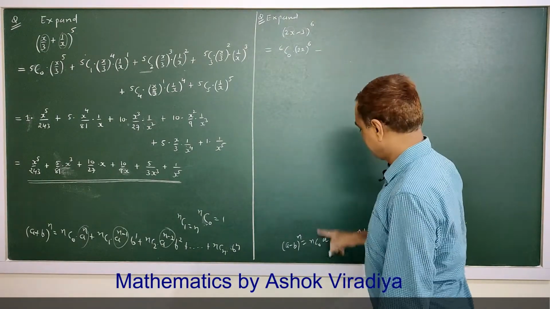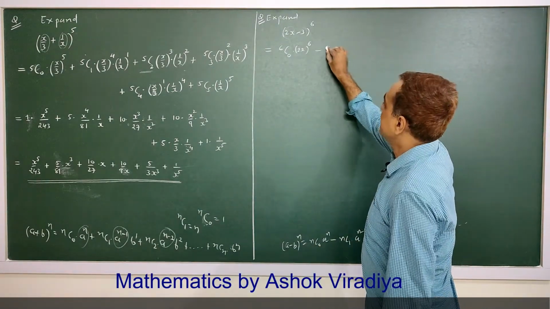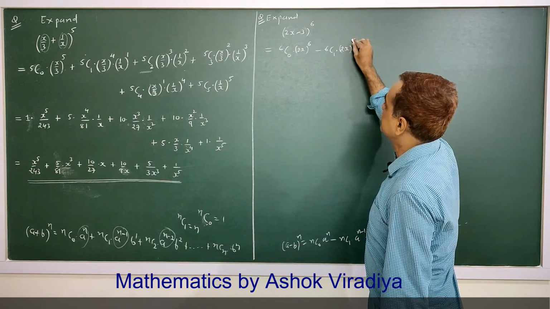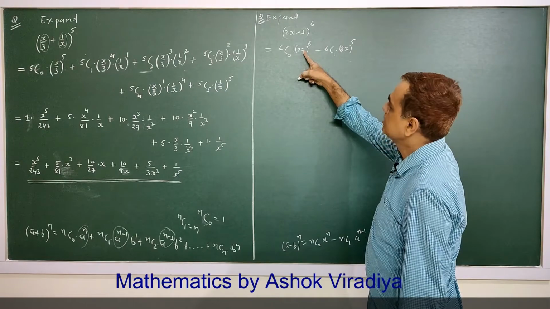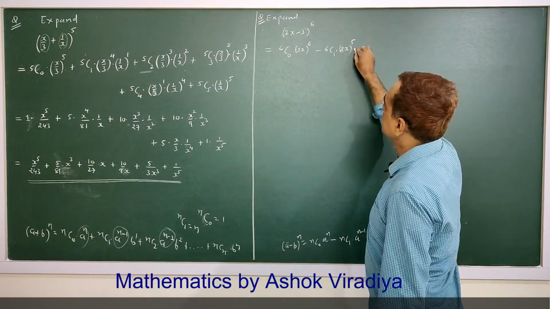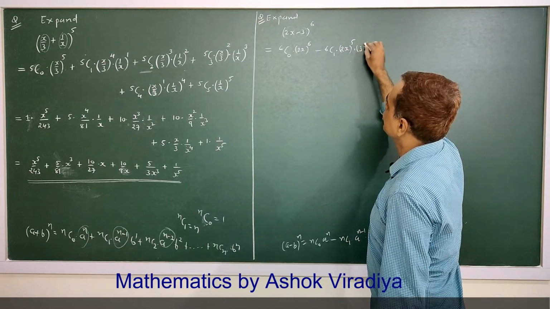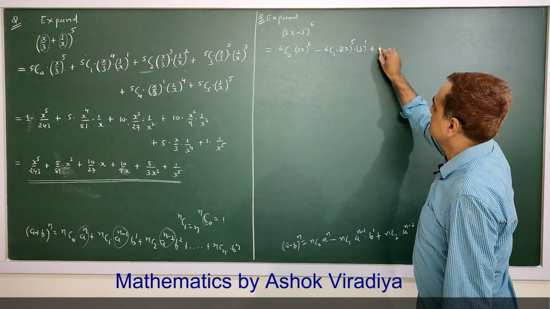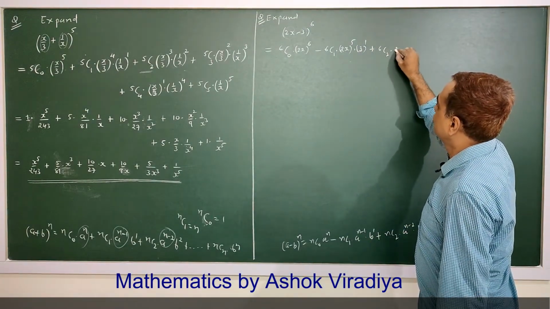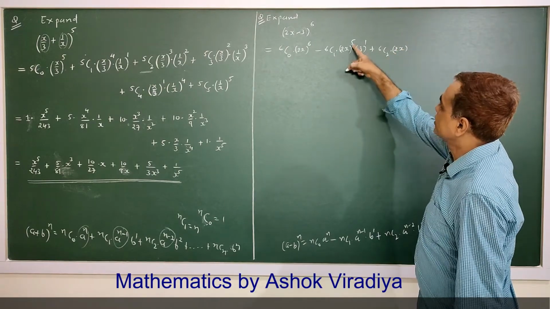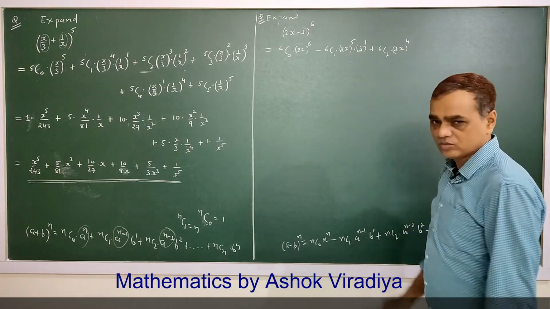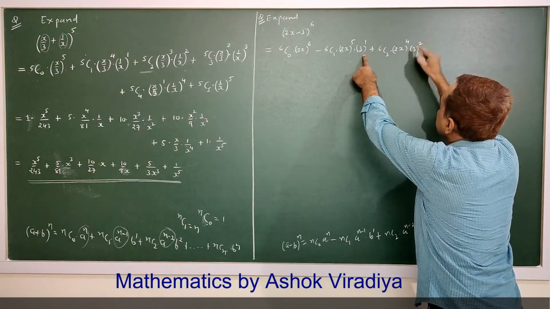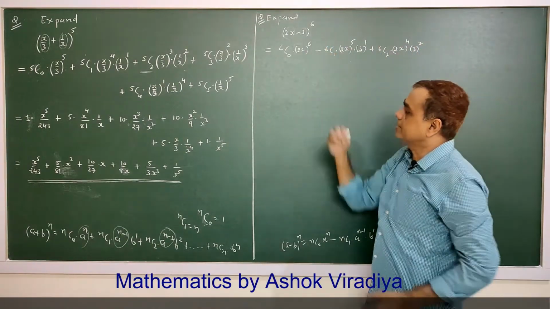Second term minus nc1, then power of a is decreased and b is starting, 3 raised to 1. Then plus 6c2 2x raised to, here it was 5, now 4, and 3 square, b square, b is 3.